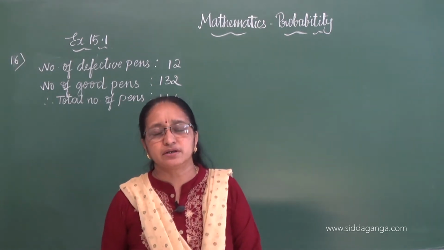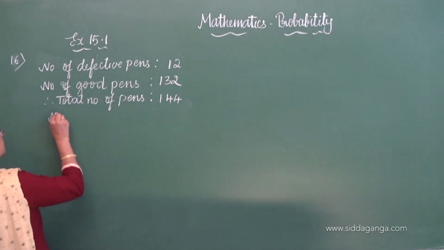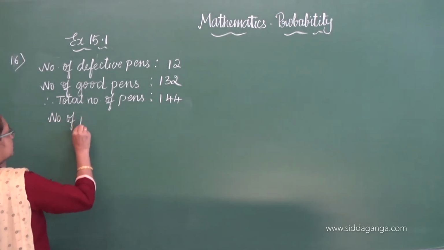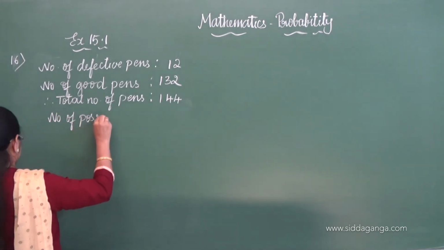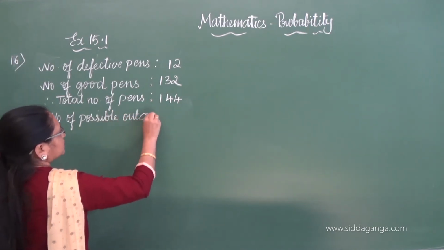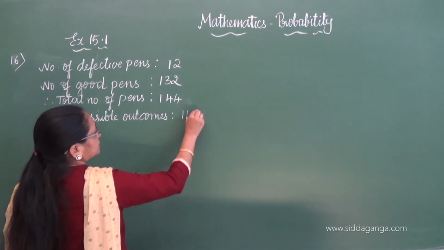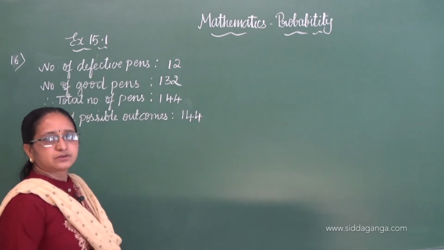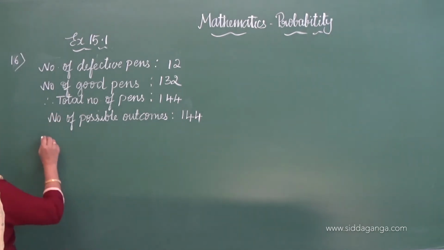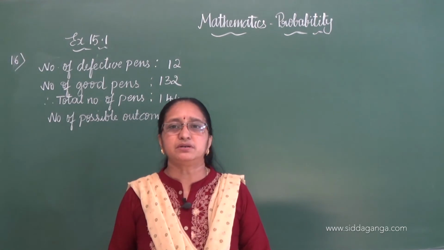So, before writing, you will write the possible outcomes. So, number of possible outcomes. How many possible outcomes? 144. Okay. Next, the outcomes favorable to the event.